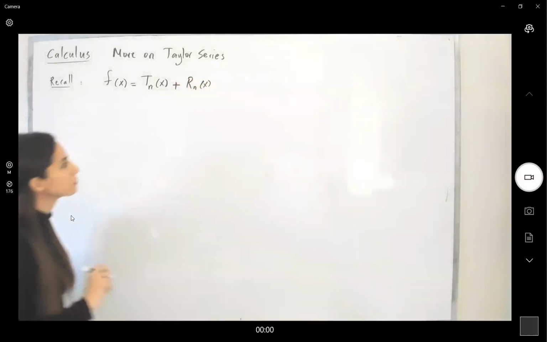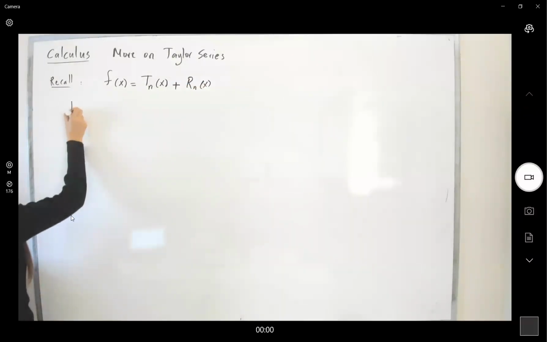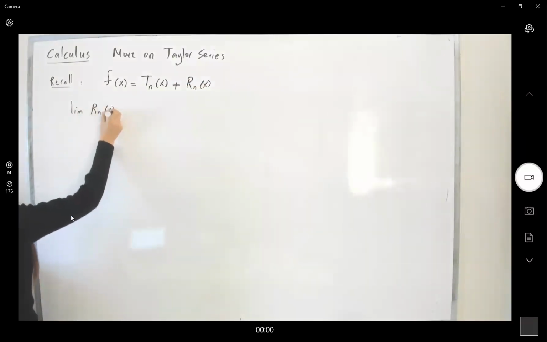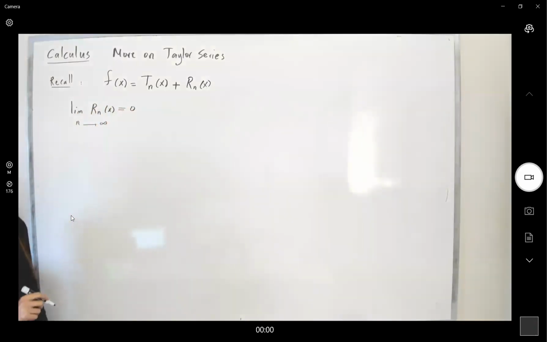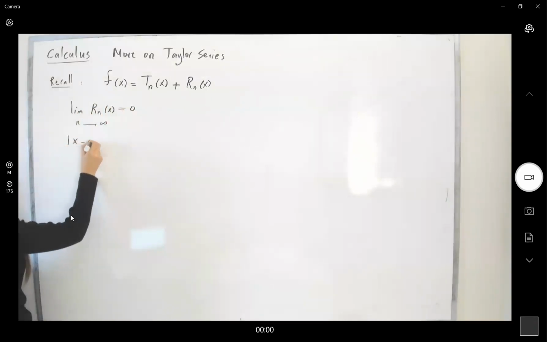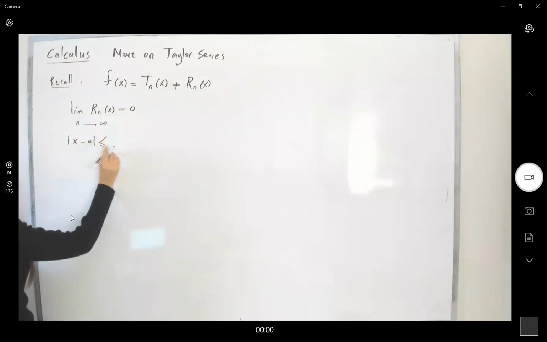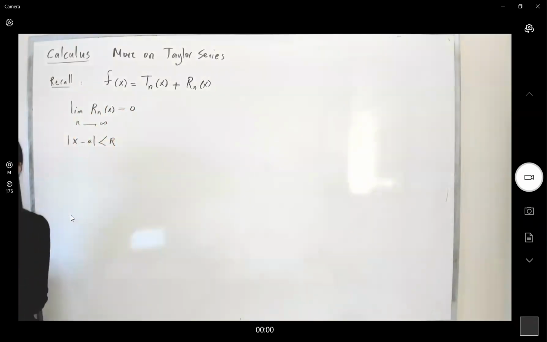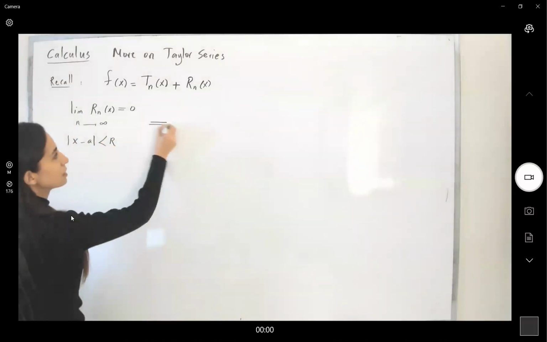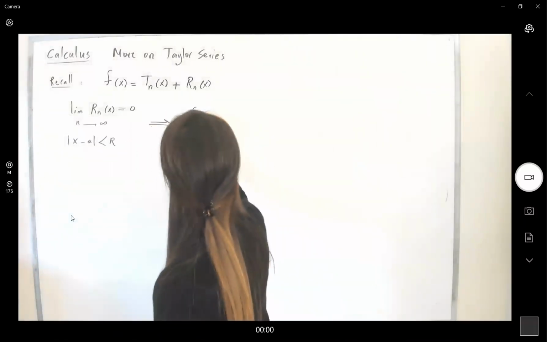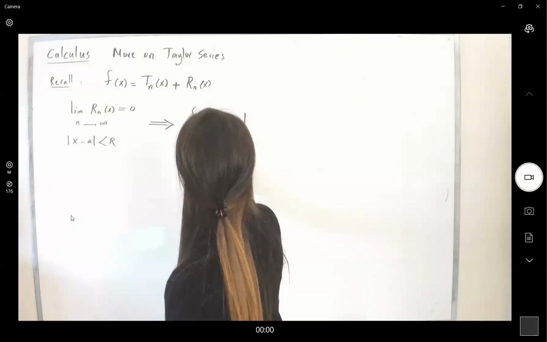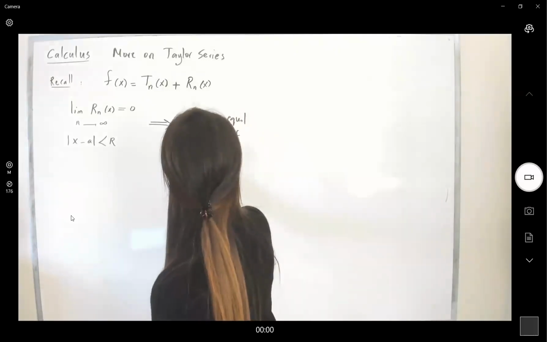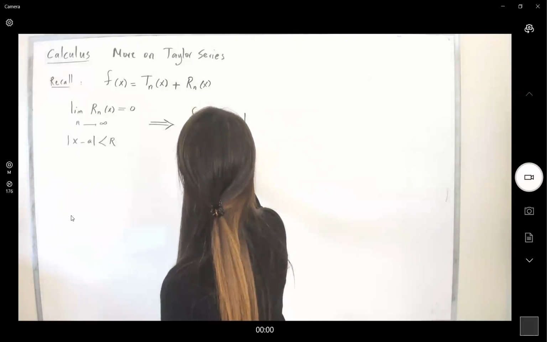If the limit of your remainder as n goes to infinity is equal to 0, remember that we are just focusing on the interval that we have, then we can say that f of x is equal to the sum of the Taylor series.